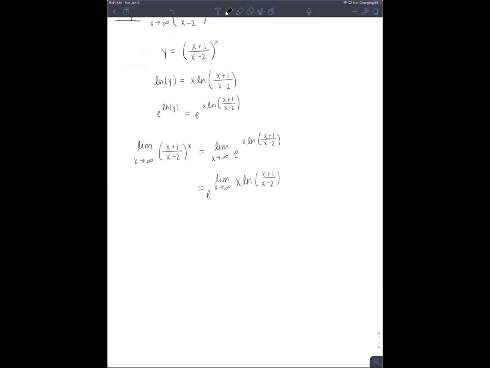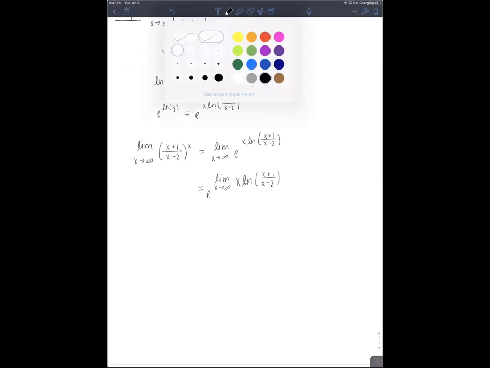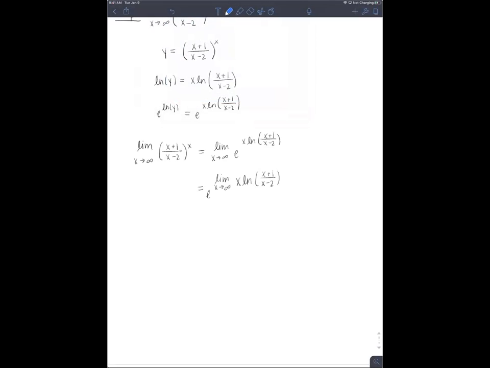If I look at this limit right here, what is it equal to if I just try plugging in infinity?